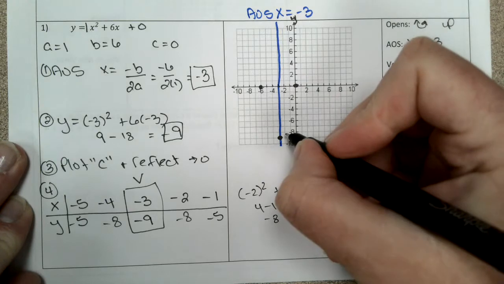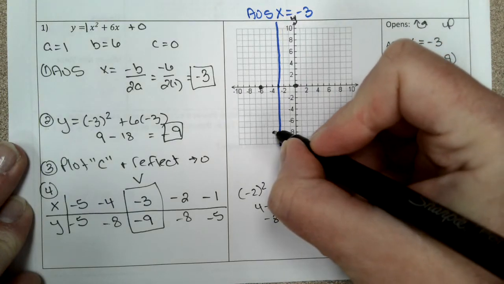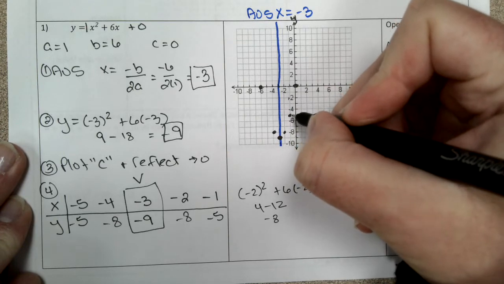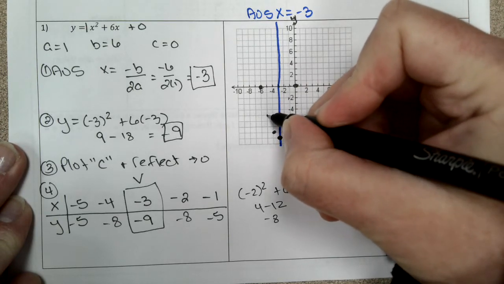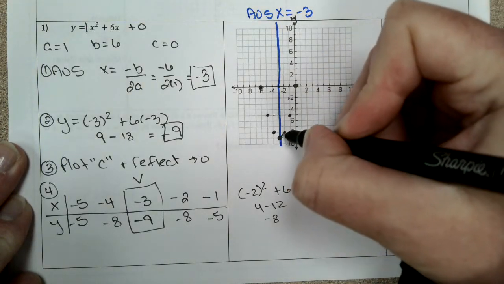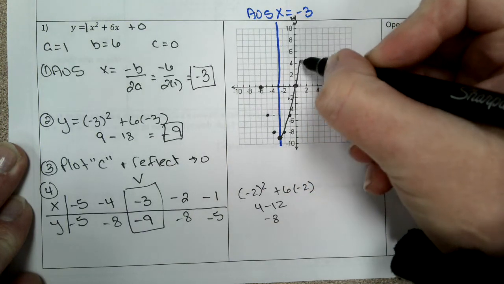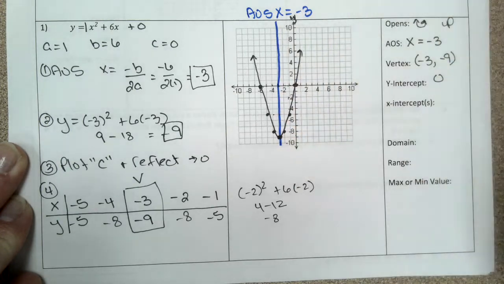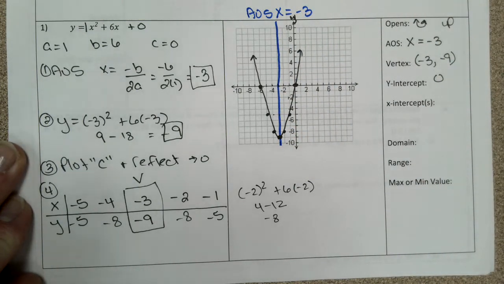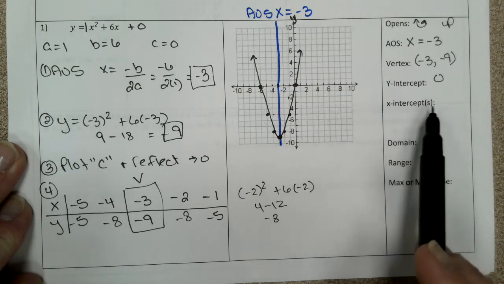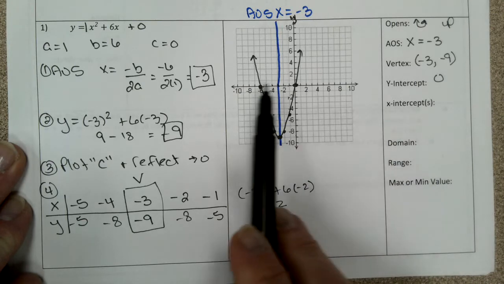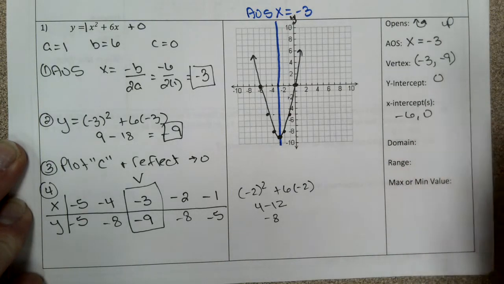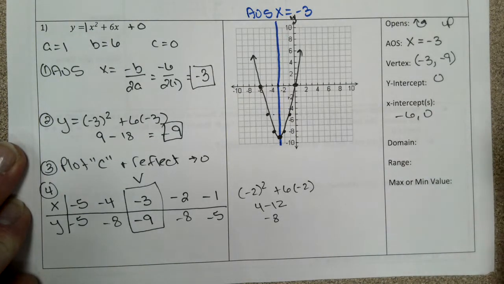So let's plot these points to get us a better graph. -1, -5, 1, 2, 1, 2. So that's about what your graph looks like. The x-intercepts I can see right here are at -6 and 0.